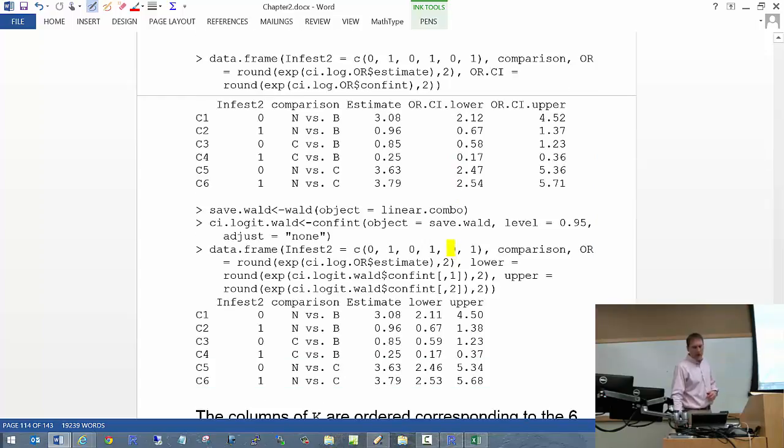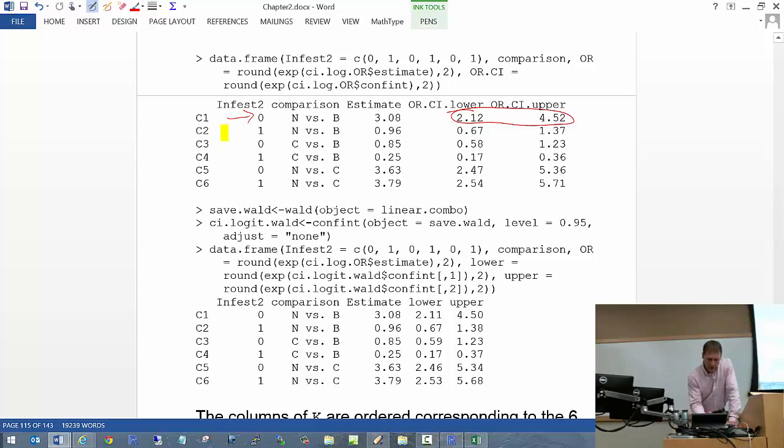Okay, so in the end, this is all the odds ratios that I get for the profile likelihood ratio intervals. So we can see, for example, if I'm at infest level infest2 equals 0, look at my odds ratio, it's all above 1.